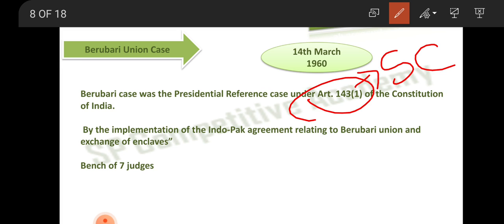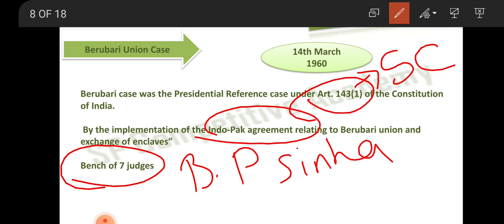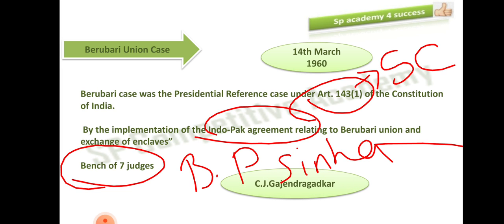The Beruberi case took place because of the Indo-Pak agreement. This is related to the Indo-Pak agreement on the exchange of enclaves, and the case was heard by a bench of 7 judges, headed by Chief Justice B.P. Sinha, and the judge was Gajendragadkar. Clear?